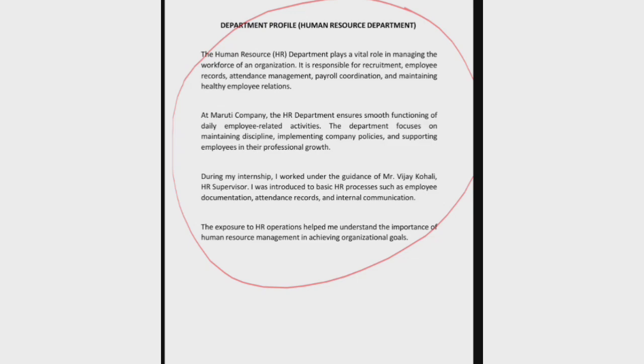At Maruti company, the HR department ensures smooth functioning of daily employee-related activity. The department focuses on maintaining discipline, implementing company policy and supporting employees in their performance and growth. So this type you can write about your department.